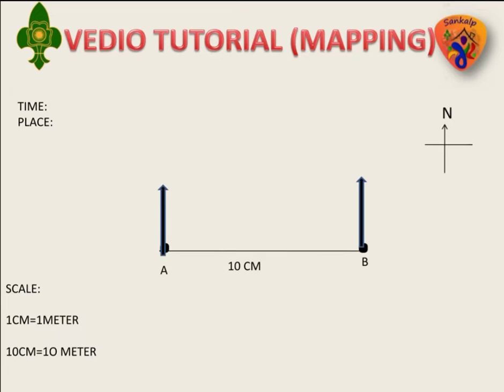Then next, you have to consider the tree. Here is a tree, and you have to consider one point there. From point A you have to cross over the direction line through that point. See here it has crossed over, and from that you have to find the angle.